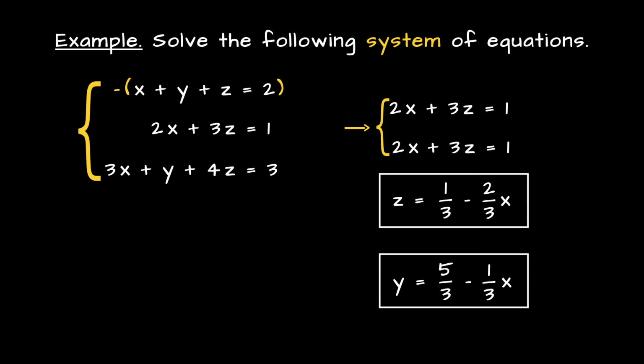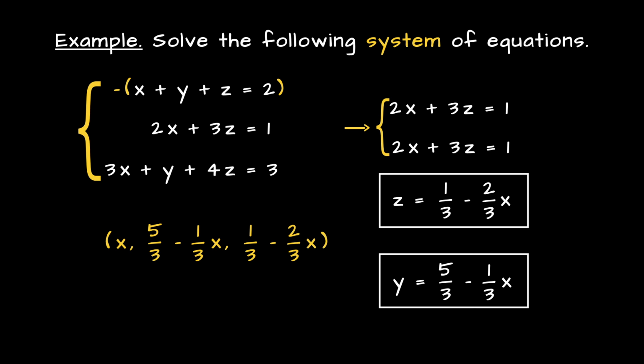To write down the full set of solutions of our system, we now reason like this. The variable x can be any real number, but once we have x, we know that y must be 5/3 minus 1/3 x, and we know that z must be 1/3 minus 2/3 x.